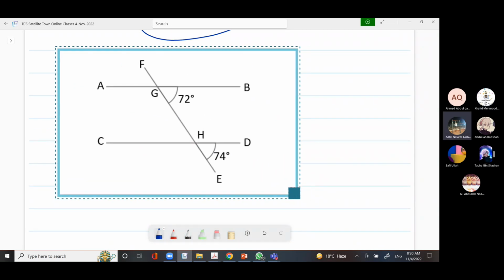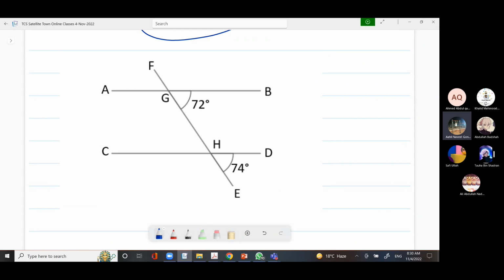Now, 72 degrees and 74 degrees are corresponding angles. Are these angles equal? No, sir, they are not equal. So it means these lines are not parallel.